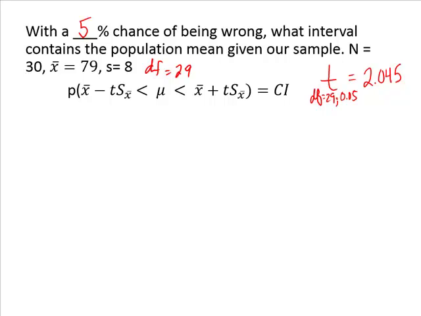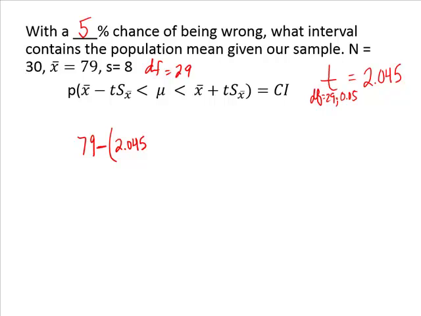What else do I need? Well, I have my X bar. My X bar is 79. And I have my t, 2.045. What's S of X, or S of my sample mean? What is that again?